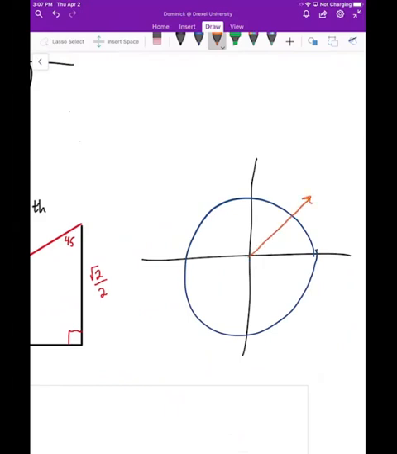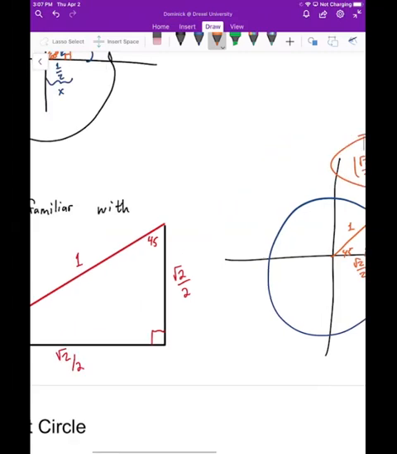So 45 degrees is here. If you drop this perpendicular down, this is a right angle, this is 45, and then this has to be 45. This radius is 1, and by our triangle here, these are each square root of 2 over 2. So what's the point corresponding to 45 degrees? It's square root of 2 over 2, comma square root of 2 over 2.